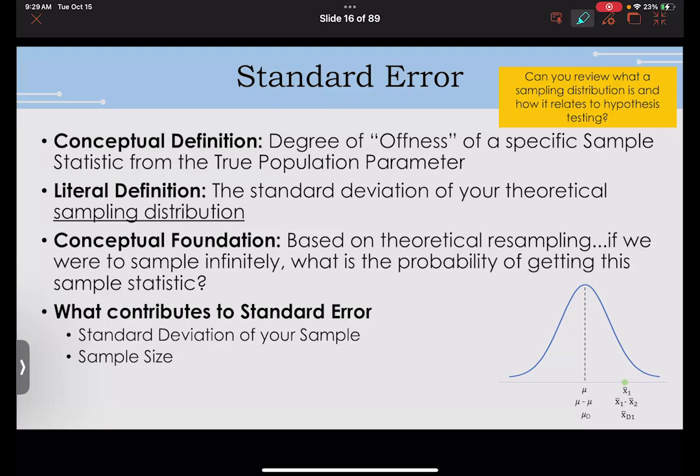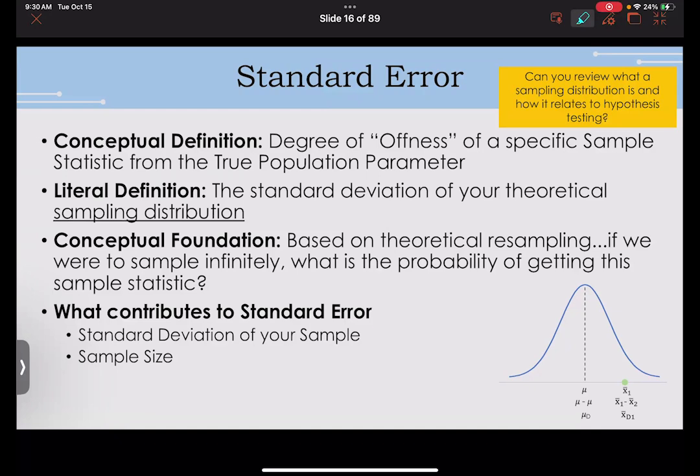So remember that the way that standard error works is that every individual sample, this was a great question from Sean yesterday. Sean asked me an awesome question, which is is there one sampling distribution or one sampling distribution for every sample? Every single individual sample that you pull in a research study has its own theoretical sampling distribution.